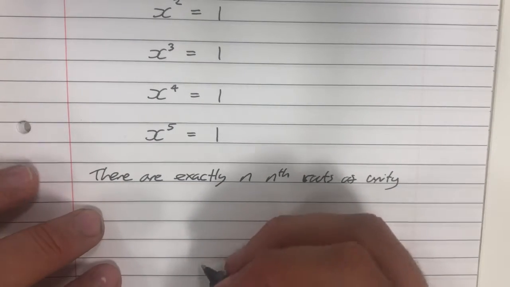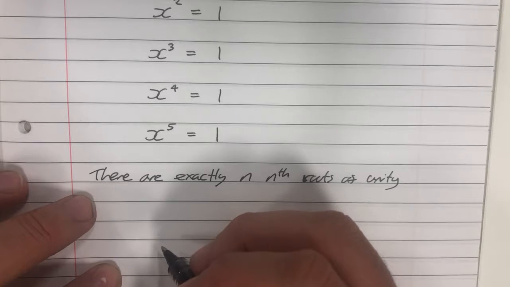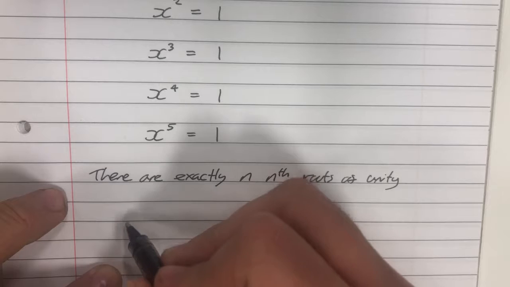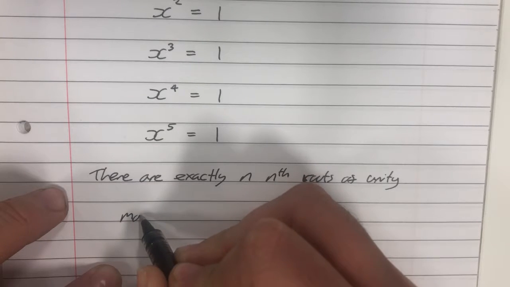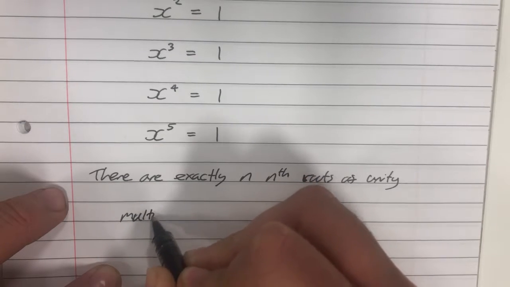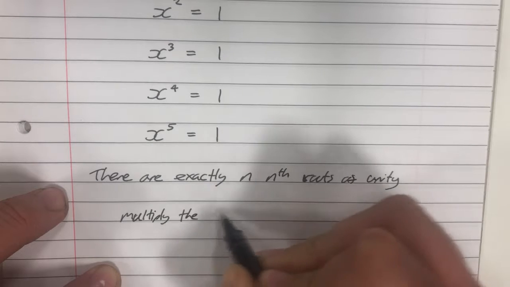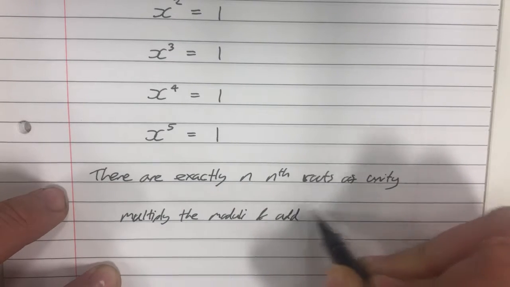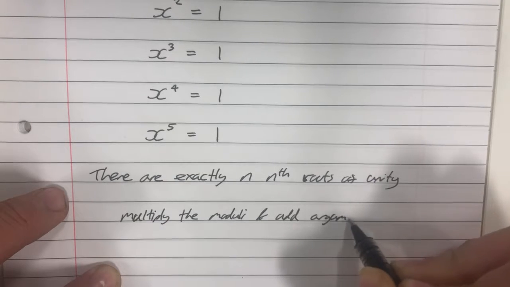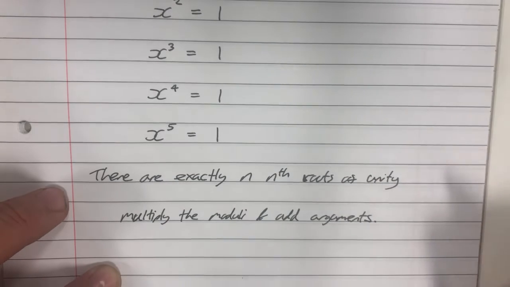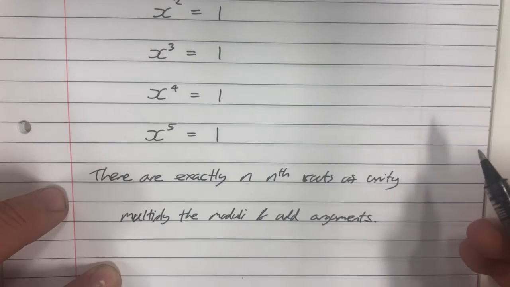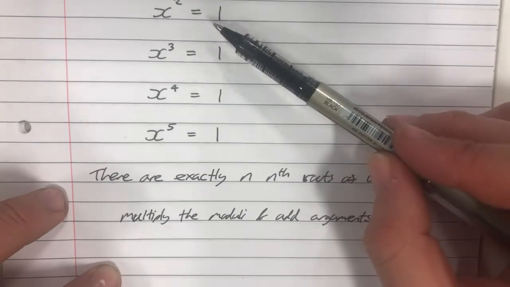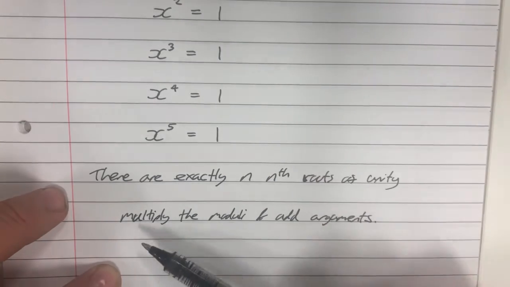Well, what we need to remember is that when you multiply 2 complex numbers together, you multiply the moduli and you add the arguments. So when we're rooting, we're doing the reverse of that.